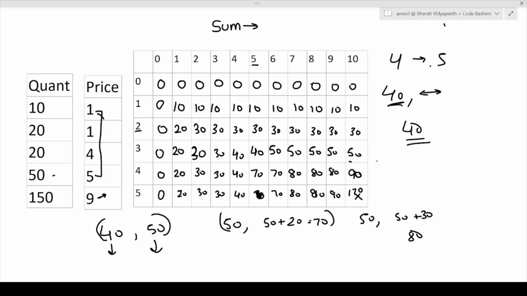So the maximum value will be 70. Now the next step was to find the maximum quantity by using the current item, which means we have to buy the current item. But what if the available amount with us is less than the price of that item? Then we will not buy that item, and we will simply use this 70 as our answer. So this is mentioned in the condition.